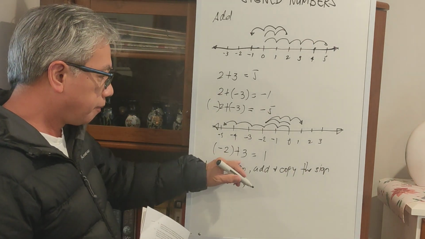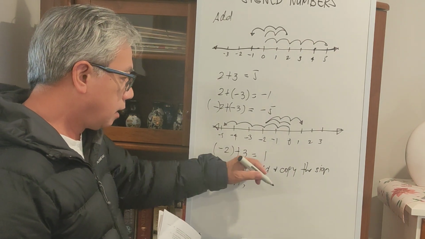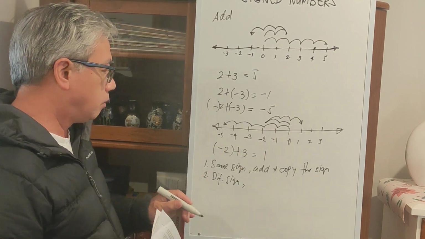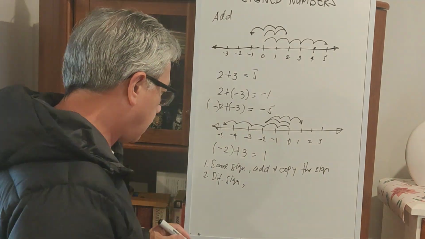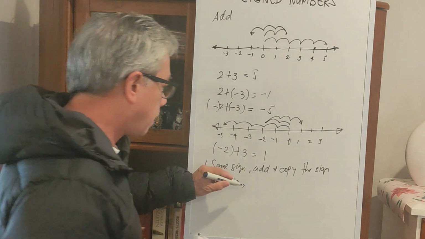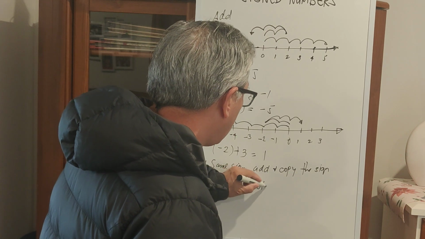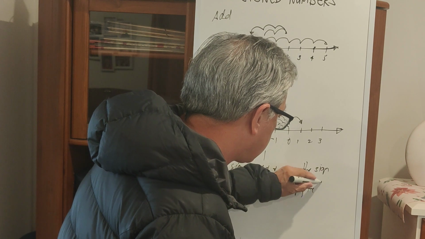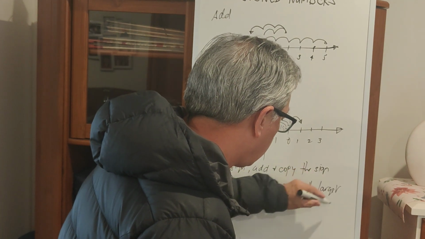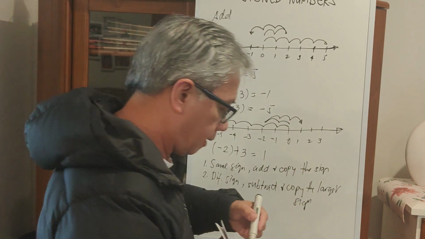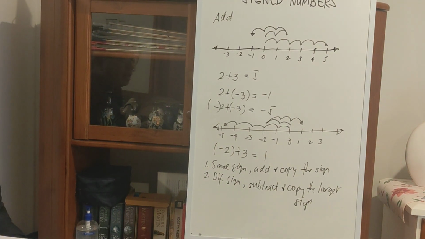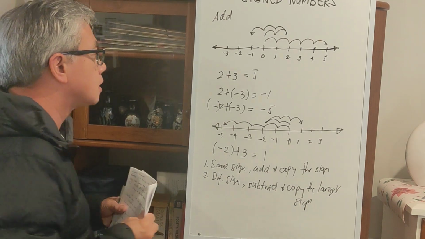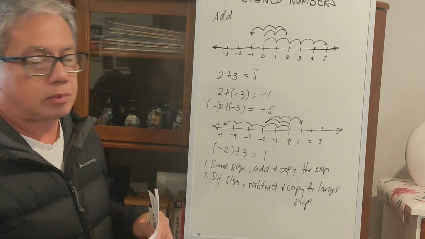Negative 2 plus 3, you subtract and get 1, and then you copy the larger sign, which is positive 3, so that's positive 1. So if it's a different sign, you subtract and copy the larger sign. So those are the rules for adding signed numbers.